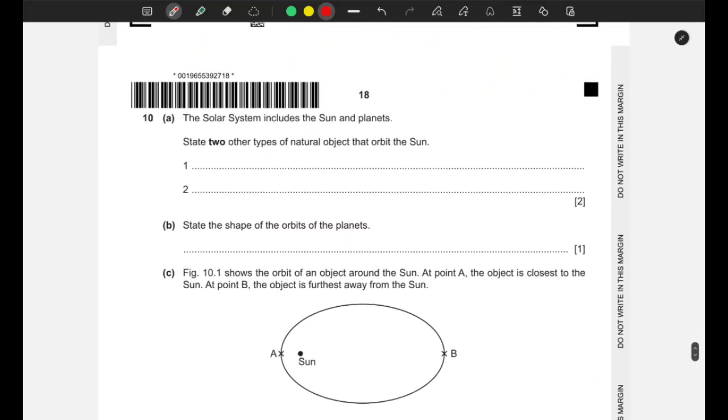Number 10. The solar system includes the sun and planets. State two other types of natural objects that orbit the sun. So one of them is asteroids and comets.